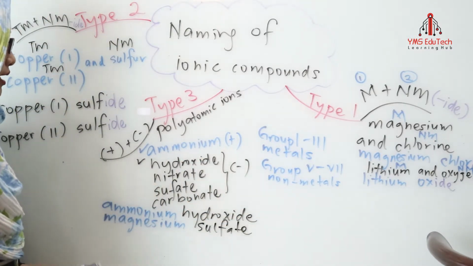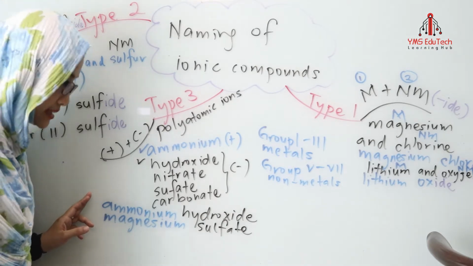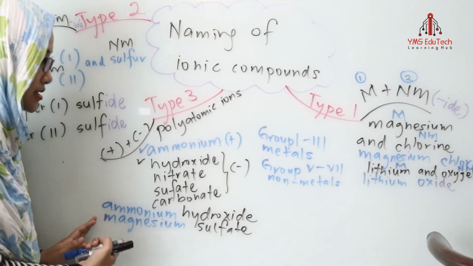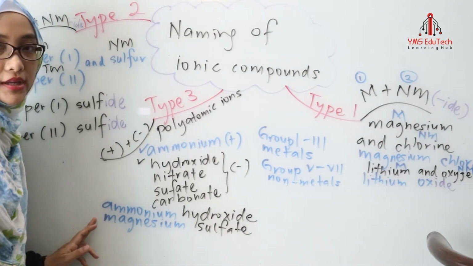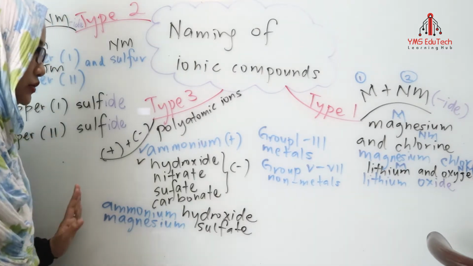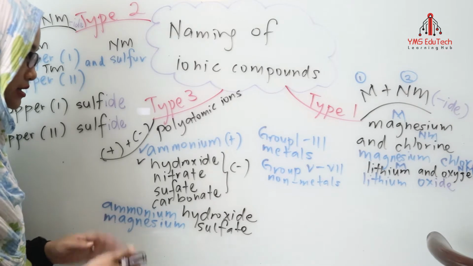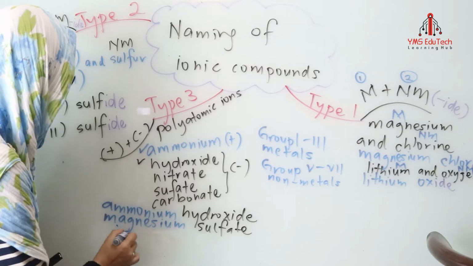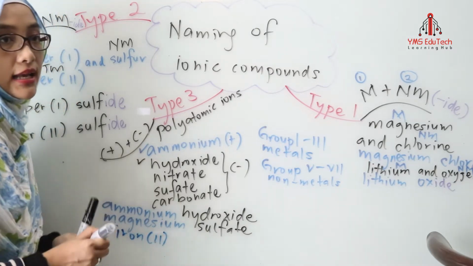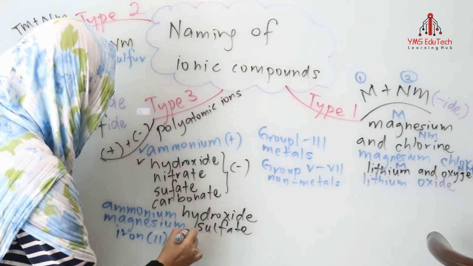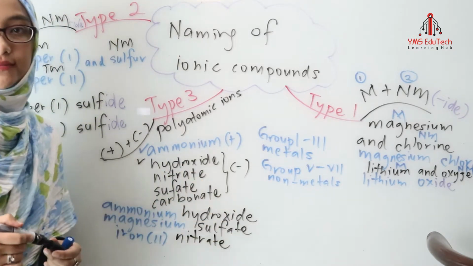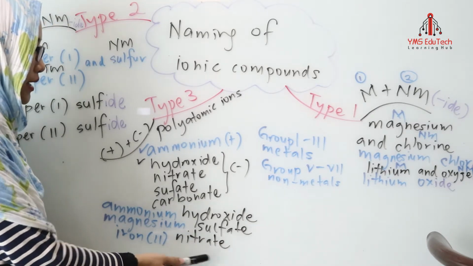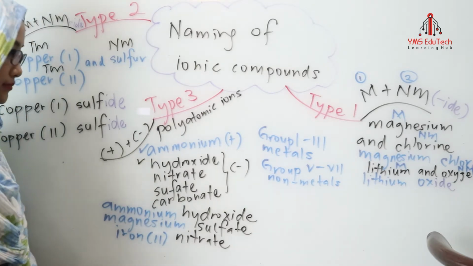So you can either have the positive polyatomic ion first, followed by the negative polyatomic ion, or you can have a metal first, followed by the negative polyatomic ion. And this can also involve transition metals. For example, let's say we have iron 2 and nitrate. The name will be iron 2 nitrate. So you have the transition metal with the oxidation number followed by the negative polyatomic ion.